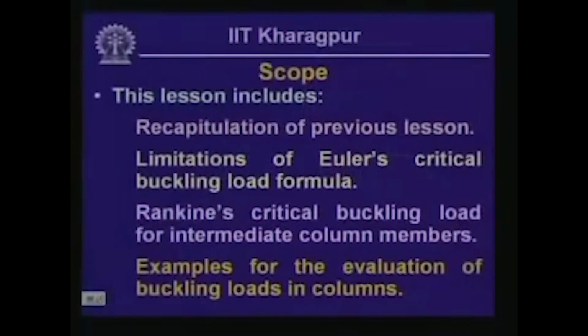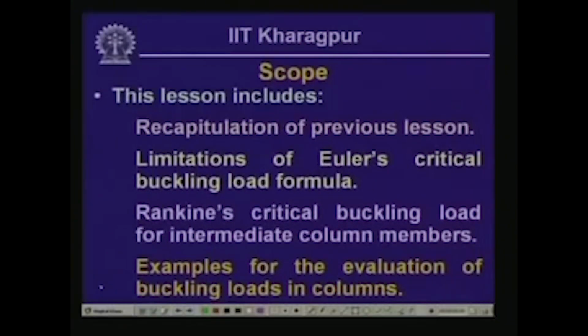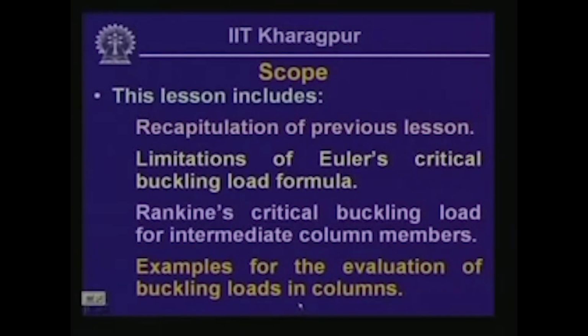We will look into the limitations of Euler's critical buckling load formula, and this lesson also includes Rankine's critical buckling load for intermediate columns. In fact, we will look into what we really mean by intermediate column and how we evaluate the critical buckling load using Rankine's formula, and also some examples for the evaluation of buckling loads in columns of different support conditions.